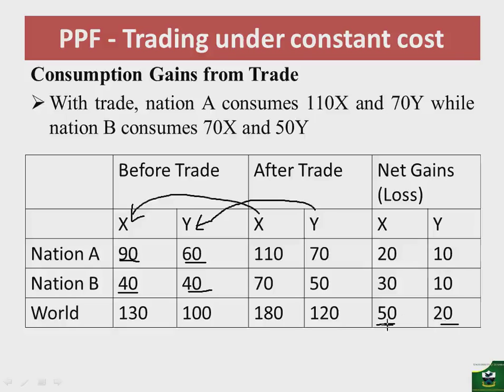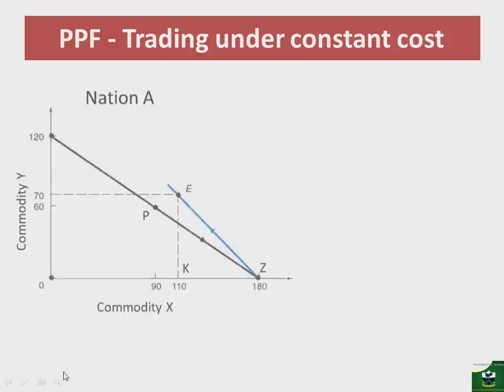So now these gains have been distributed between nation A and nation B. Nation A will gain 20 of X and 10 of Y. Nation B will gain 30 of X and 10 of Y. And when we sum up, we get our actual gains in production, which is 50 of X and 20 of Y.